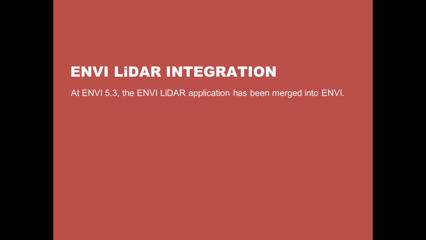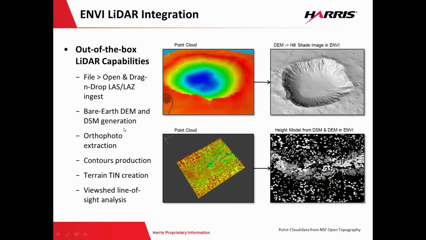So now core ENVI has significant out-of-the-box point cloud visualization and analysis capabilities. This includes the ability to generate digital elevation models, digital surface models, contour lines, and several other products right out of the box. You also now have programmatic access to LiDAR point cloud analysis capabilities directly through the ENVI API, and I'll talk about that a little bit more in a couple of slides.